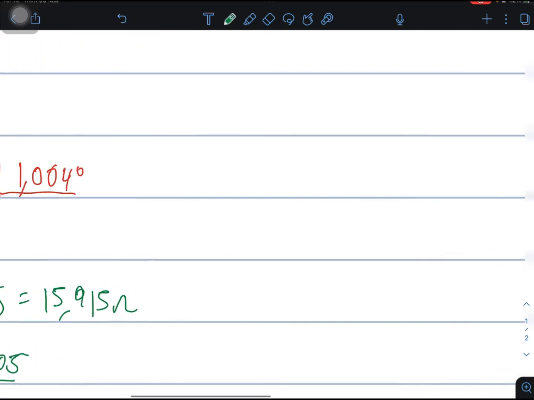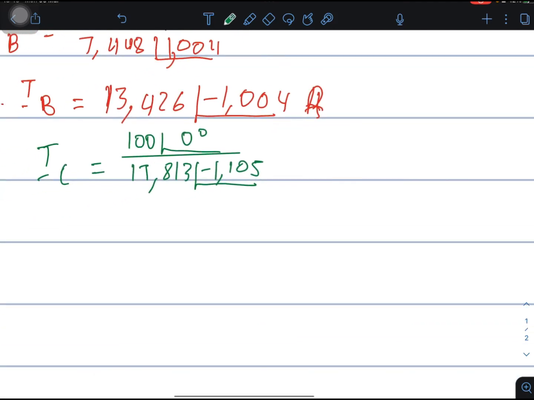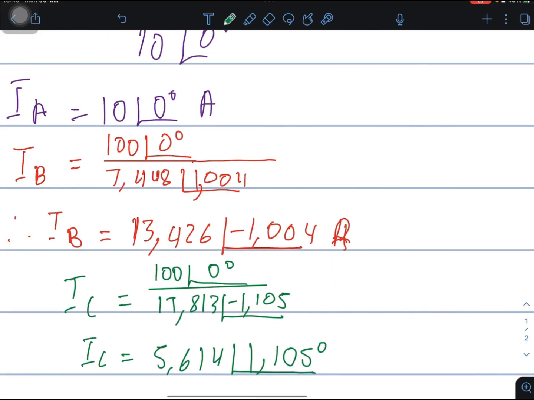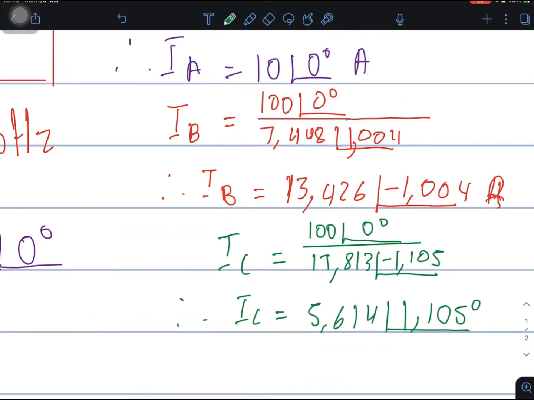Oh yeah, 5, it's fine. That means IC is equal to 100 over 17.813, which is equal to 5.614. The angle will be positive. It makes sense because the current is leading the supply voltage. So you have therefore calculated all the currents.